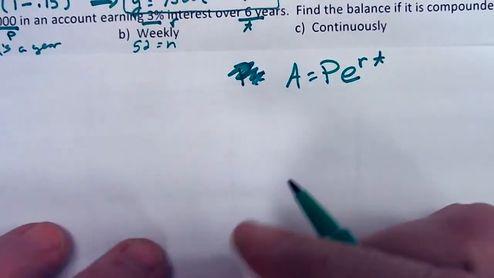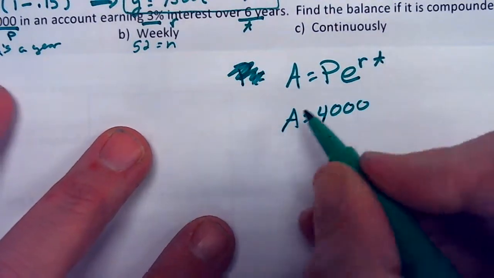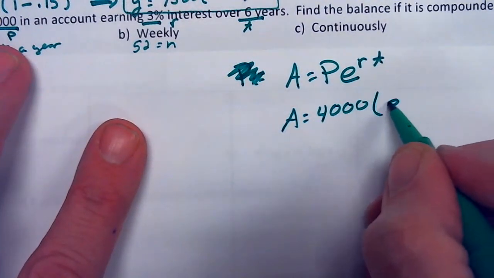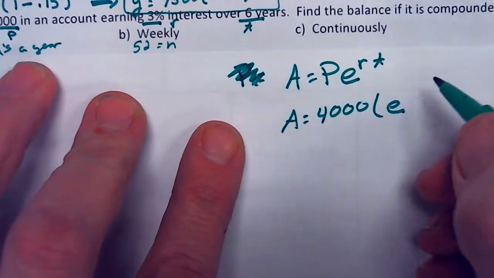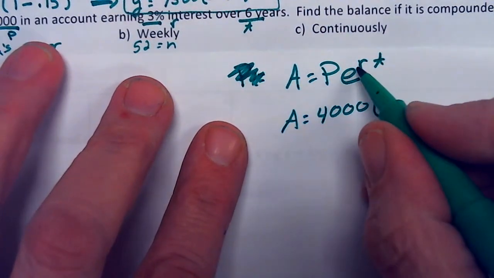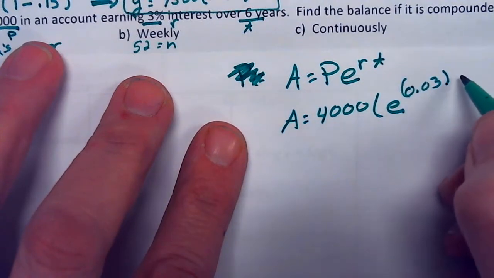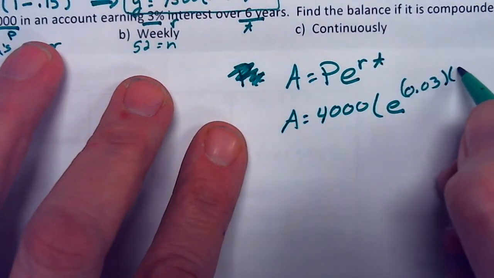So we put everything in. The amount at the end is still 4,000, which is the principal, times e, natural log base at 2.7 something. R is still 0.03, and t is still 6.